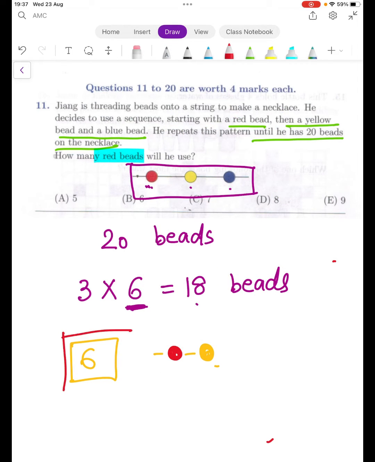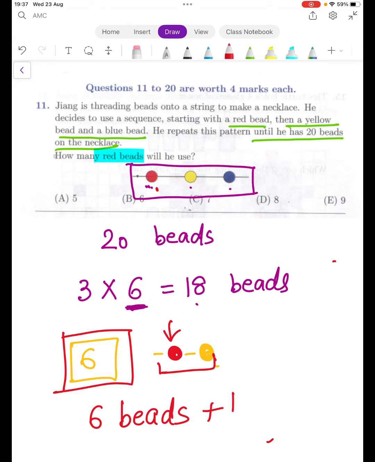So in these 6 iterations of this pattern here, he must have used 6 red beads already. And with the 2 beads here, we can see that we have used 1 red bead. So 1 more bead, so that's a total of 7 red beads. So let's see our answer.